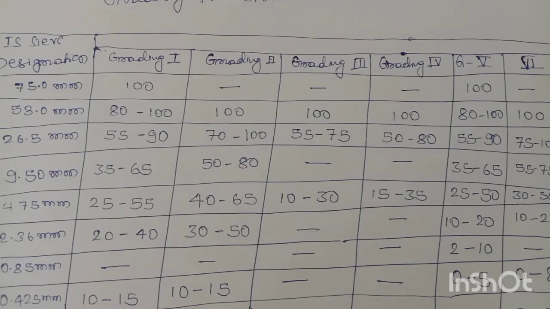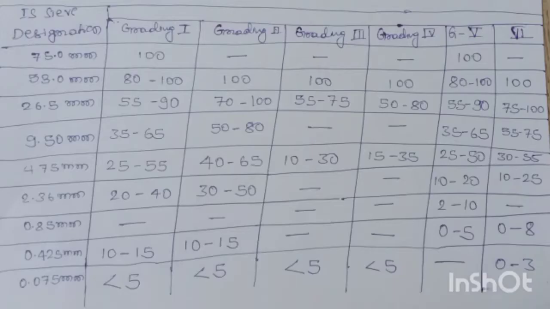For 9.5 mm, grading 1 35 to 65%, grading 2 50 to 80%, grading 3 nil, grading 4 nil, grading 5 35 to 65%, grading 6 55 to 75%. For 4.75 mm, grading 1 25 to 55%, grading 2 40 to 65%, grading 3 10 to 30%, grading 4 15 to 35%, grading 5 25 to 50%, grading 6 30 to 55%.